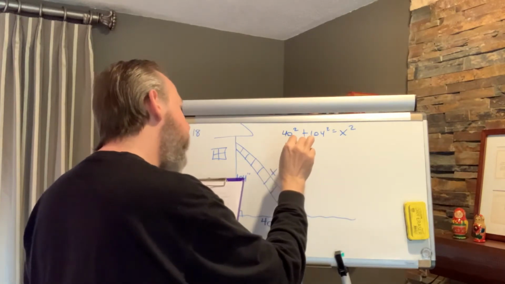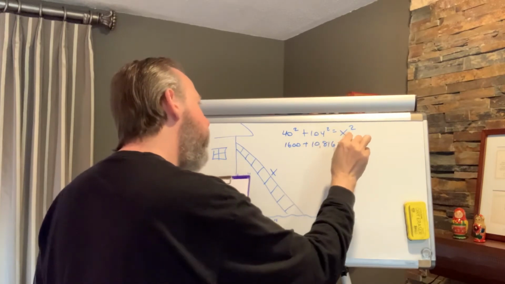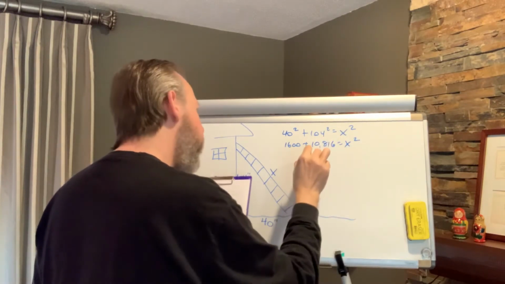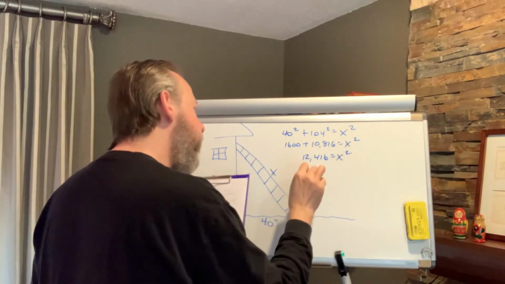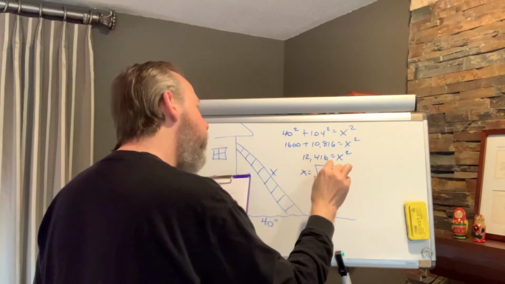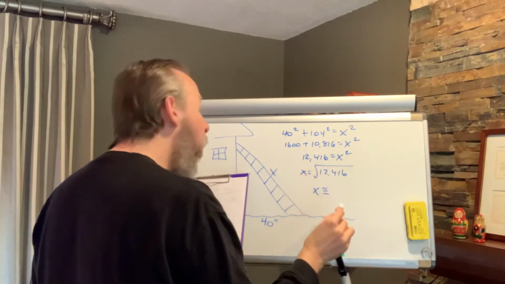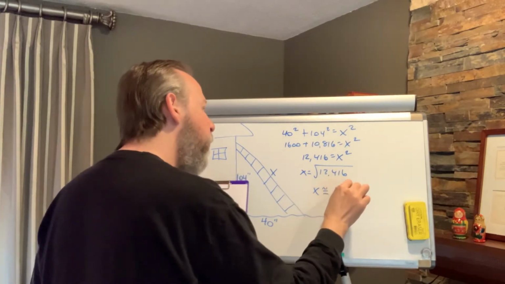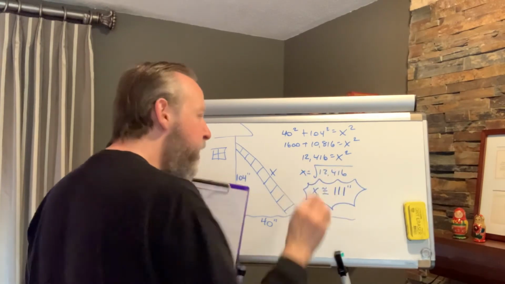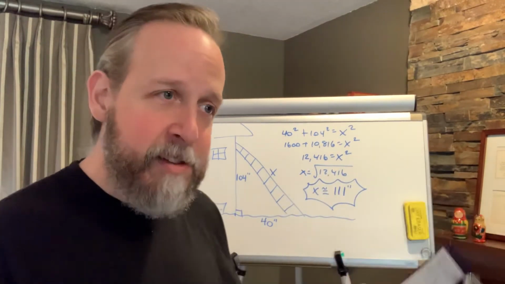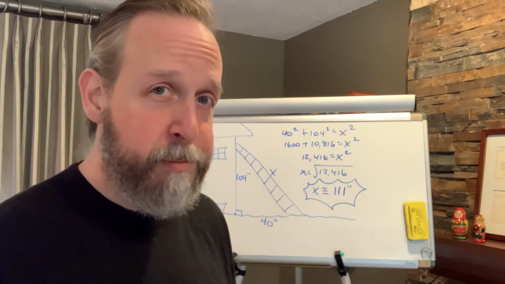That's 1,600 plus 10,816 equals x squared. 12,416 equals x squared. Take the square root of 12,416, and it tells you to round it to the nearest whole number, so it's 111 inches long. There was a grid-in, so it's limited to 4 spaces, so you couldn't do 111 point anything, so it rounds to the nearest whole number of 111.